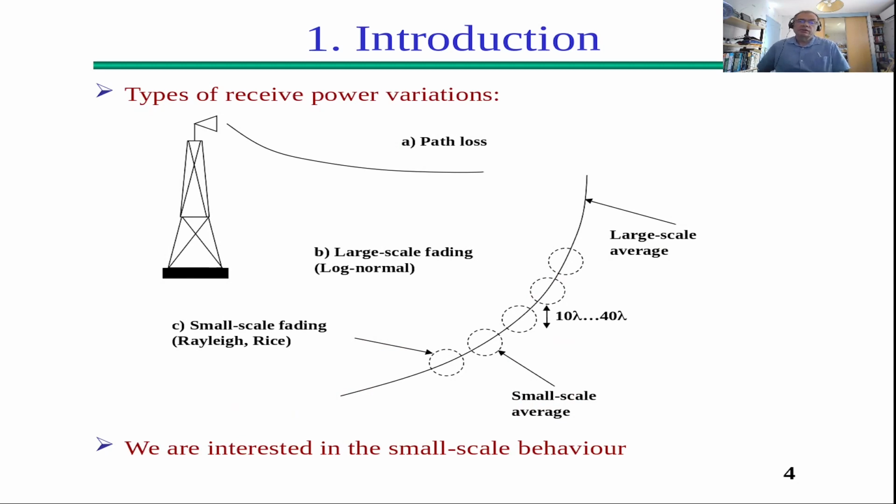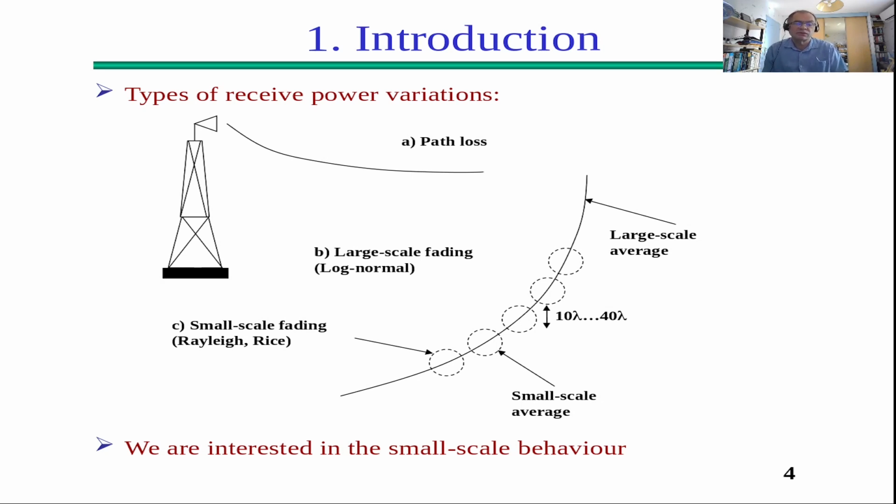Now, if we look at the power variation we get at the receiving side of our communication system, we see that these variations depend on a spatial or distance scale we use. There are three causes, and you observe them on three distance scales.